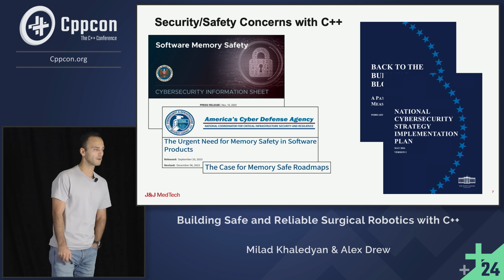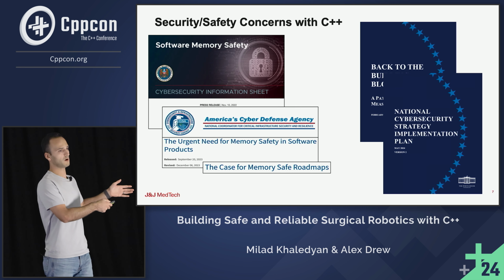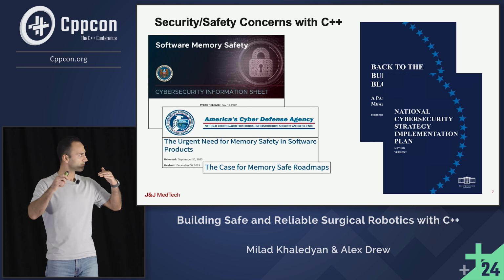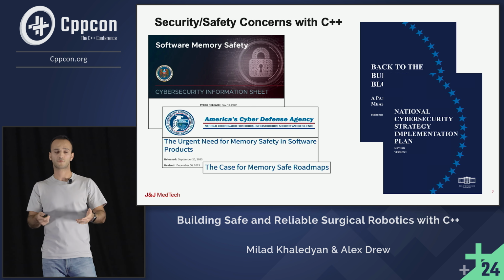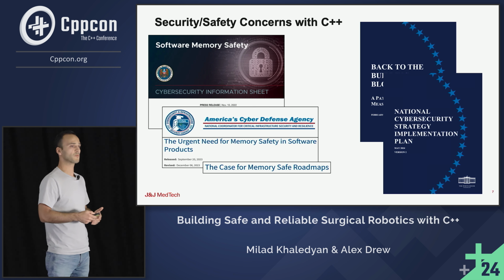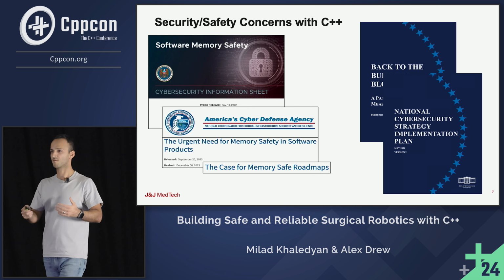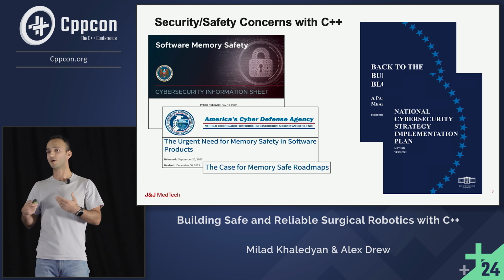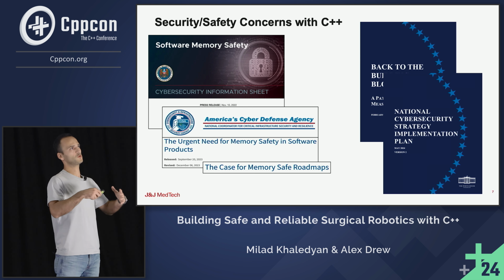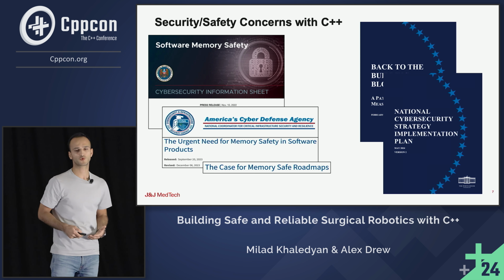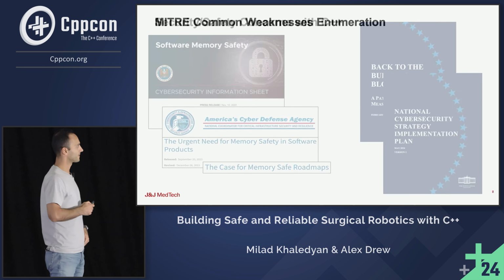The bottom line, the common denominator for all these reports, is to stay away from memory-unsafe languages like C and C++ and to rewrite your software, or write new software, using memory-safe languages. Although they acknowledge you could do a lot of software hardening on C and C++ to make the usage safer, because we can't guarantee that safety, they say stay away from those languages.